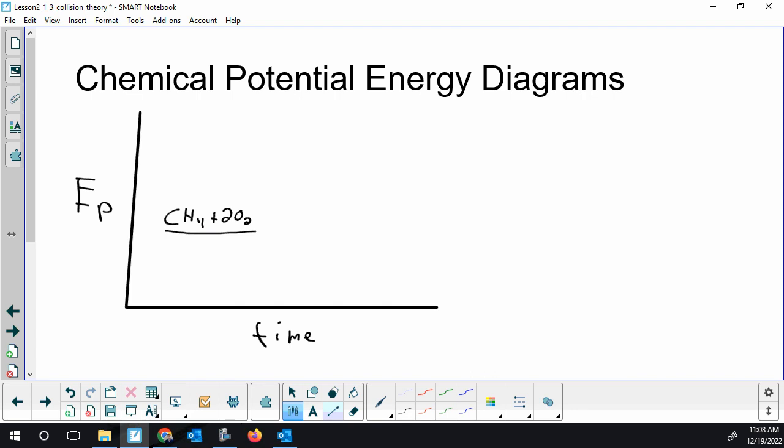At the end, our products have less energy. The bonds in carbon dioxide and water. Okay. So the carbon dioxide has 2 carbon-oxygen double bonds, and each water has 2 H to O bonds. So that's what I'm talking about when I say potential energy.